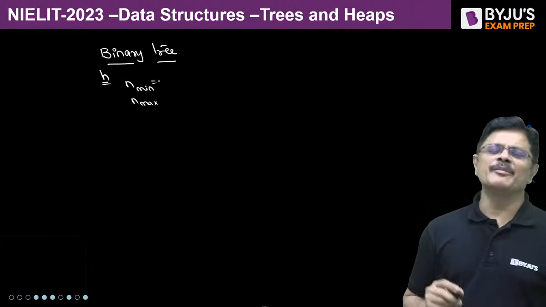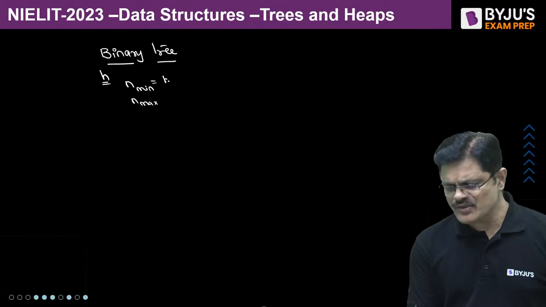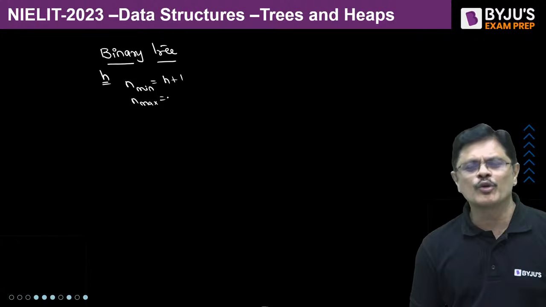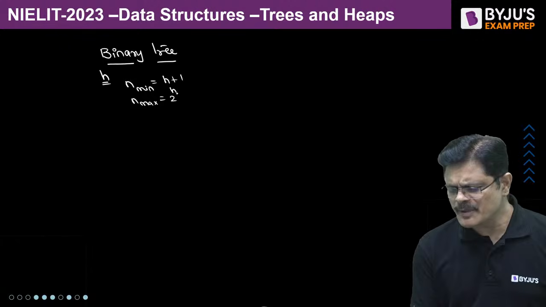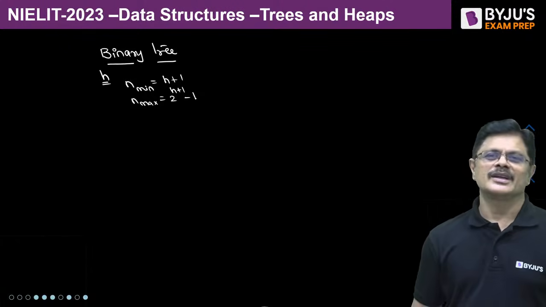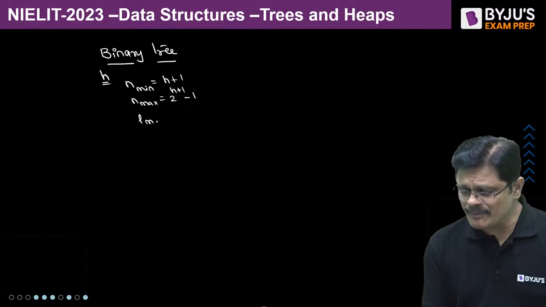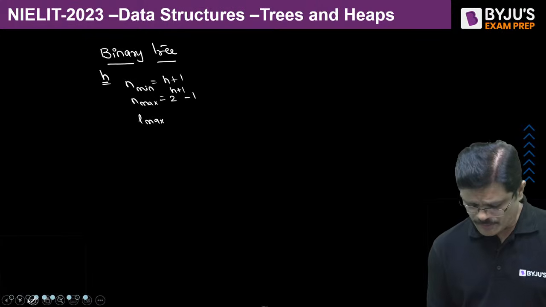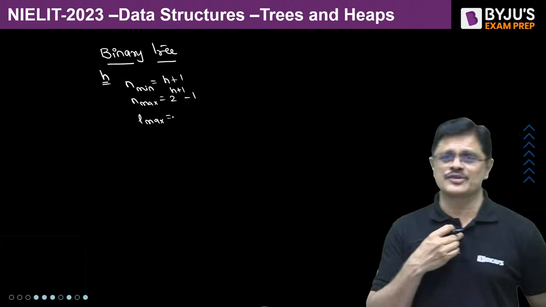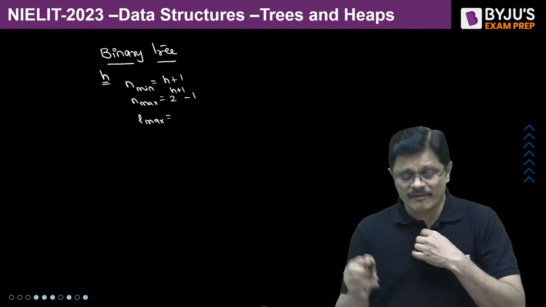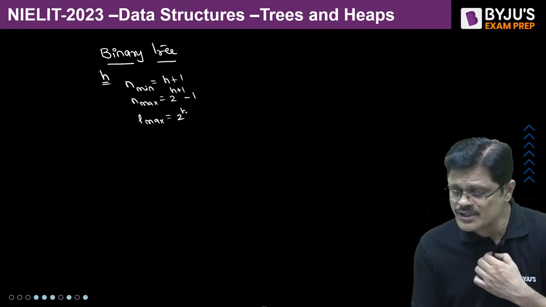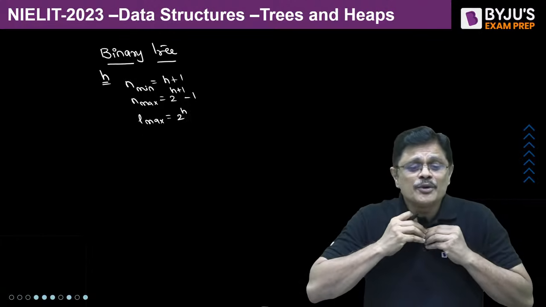For a given height, minimum number of nodes would be h plus 1. Maximum number of nodes would be 2 power h plus 1 minus 1. And you also know, just now we derived it, the maximum number of leaf nodes for a given height is 2 power h.